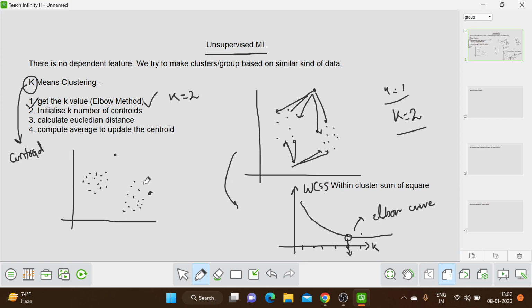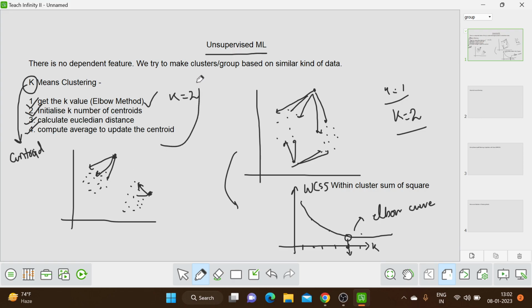Next, calculate Euclidean distance. I calculate the Euclidean distance between these points. Next, compute the average. I compute the average of this Euclidean distance to update the centroid.